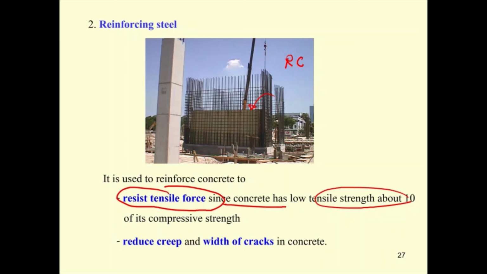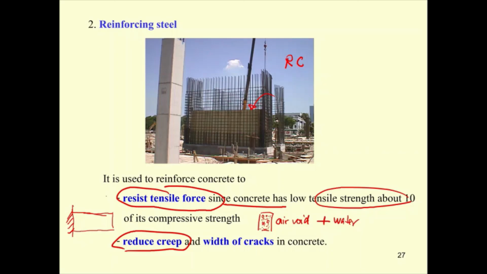Another thing is that steel can also help to reduce creep. For example, if you have a cantilever like this, the concrete has not only sand and crushed stone inside it, but also air voids, and in the air voids there is water.